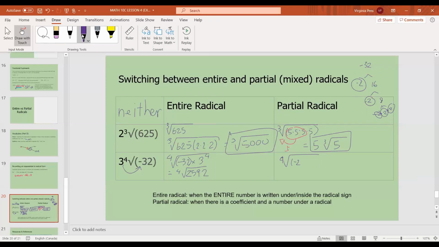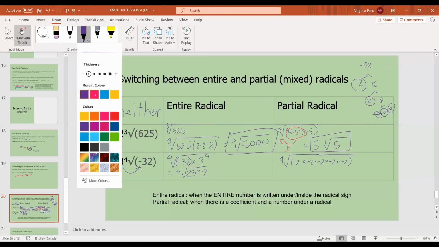We have negative 2 times negative 2 times negative 2 times negative 2 times negative 2. For every group of 4, we can take out 1 negative 2.